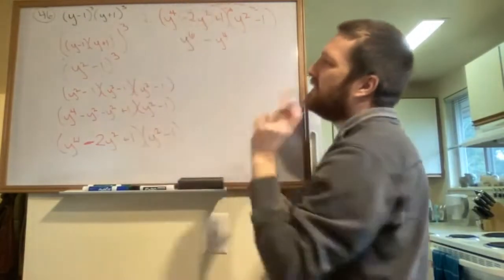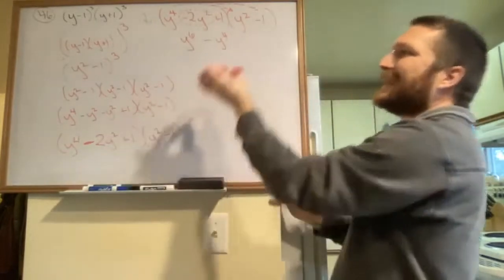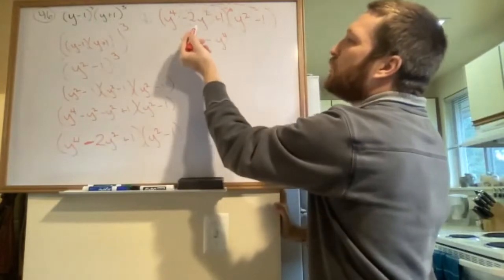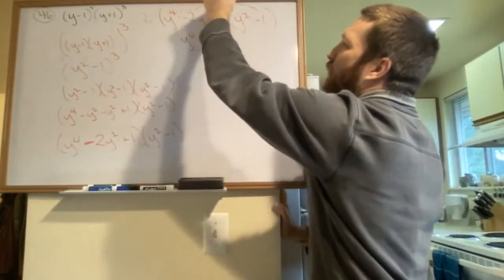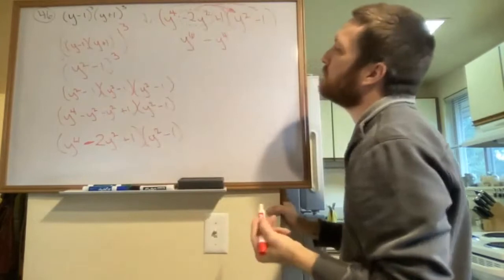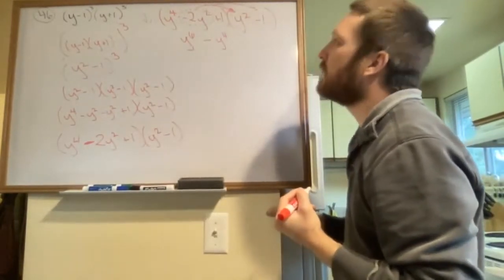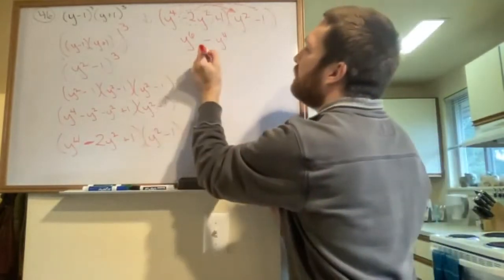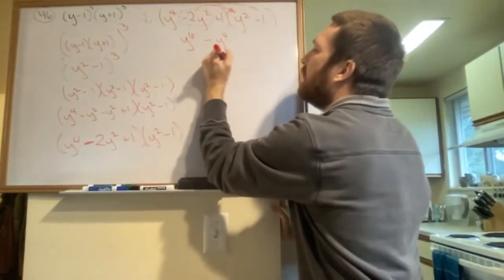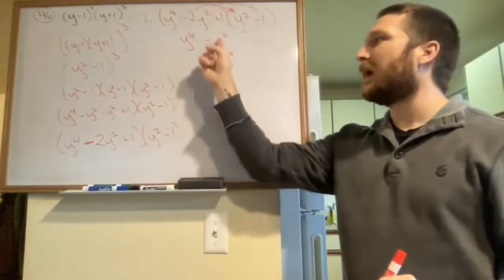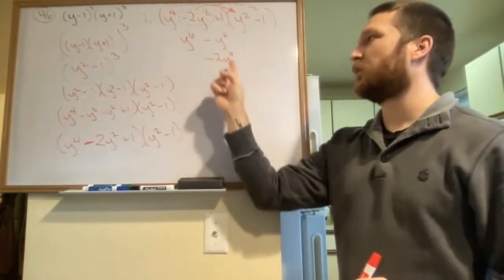Remember, this is written in descending order, which is going to help us out a lot. So what's -2y squared times y squared? -2y to the 4th. And I'm going to write it in the same column as the other y to the 4ths.